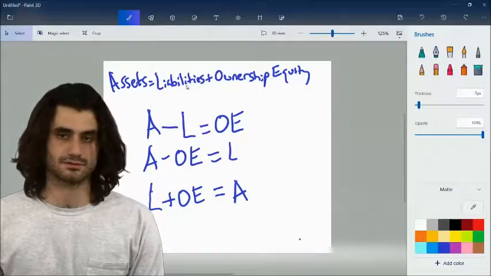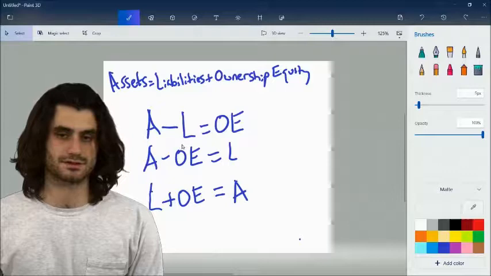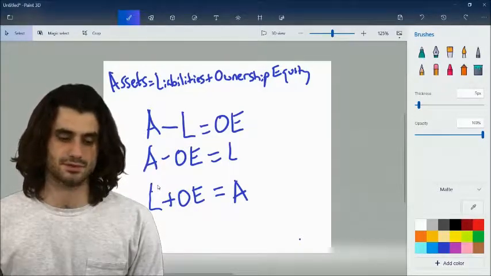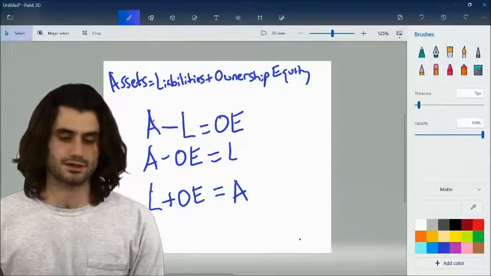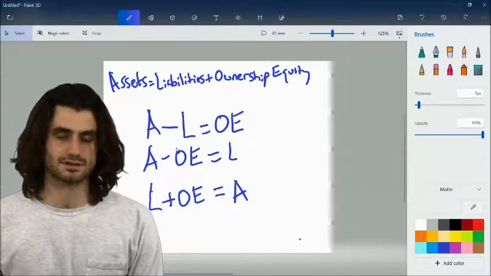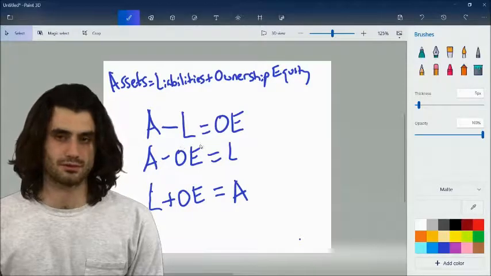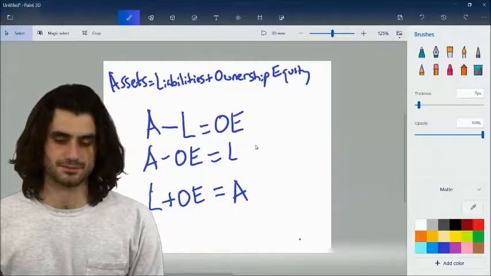The following three are: assets minus liabilities equals ownership equity; assets minus ownership equity equals liabilities; and liabilities plus ownership equity equals assets. The main purpose is to show that whichever way you arrange assets, liabilities, and ownership equity, they will all balance each other.